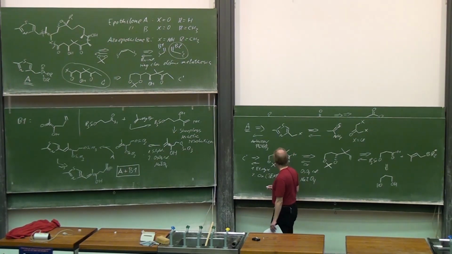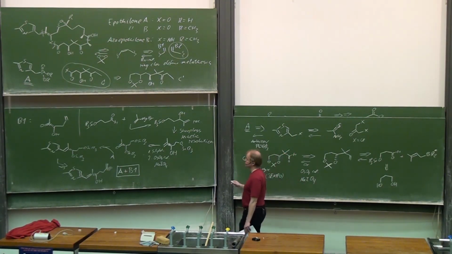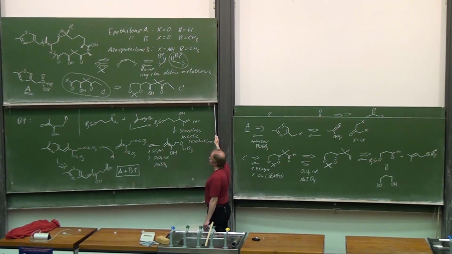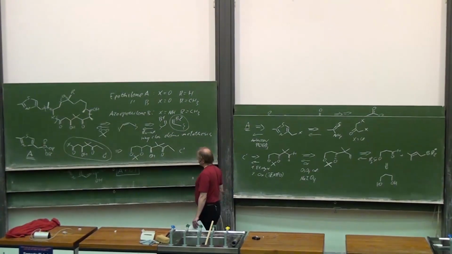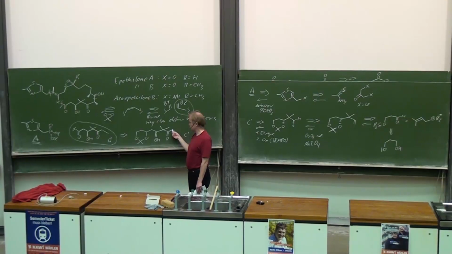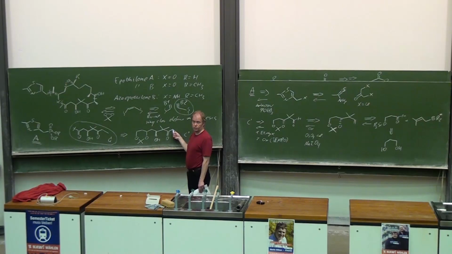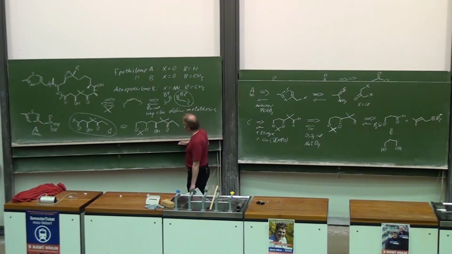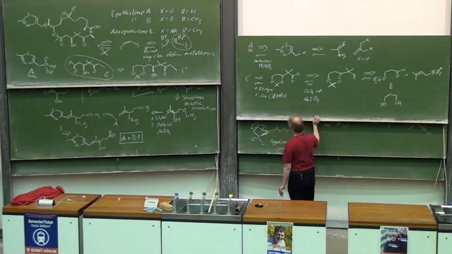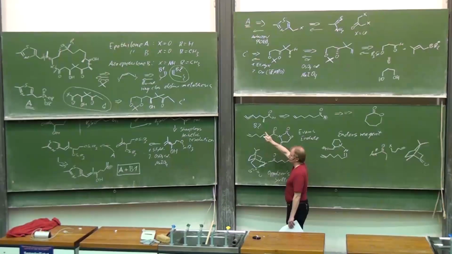C prime has that CH2 group here, alpha acidic, and now we would try an aldol addition process with B2.